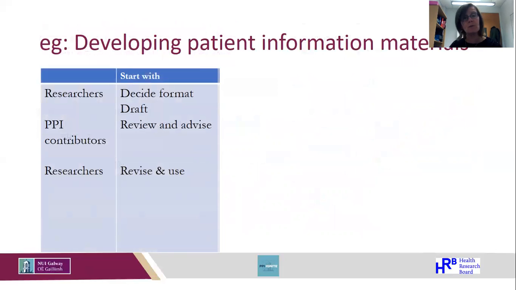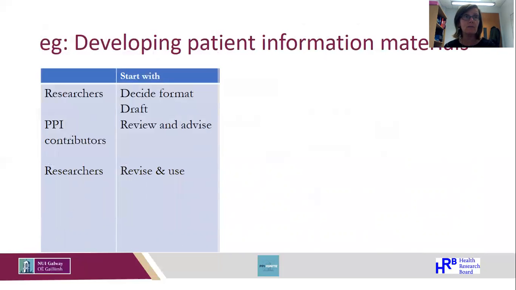Here's a simple example of how we might begin to do some PPI. In all of our studies, there will be patient information materials given to whoever we want to include as participants in the study, an information leaflet and a consent form. So at a most basic level of involvement, the researcher will decide the format of the information leaflet.